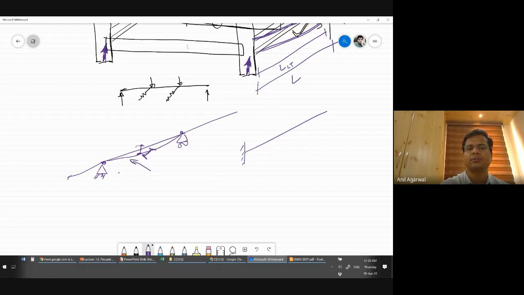If you have any lateral supports here, even those supports we have to think of. So let's say I have some lateral supports here and here. Then whether those lateral supports prevent only lateral movement, whether they also prevent the twisting, and whether they also prevent warping, correct? So there are three things that we have to worry about. One is lateral movement.